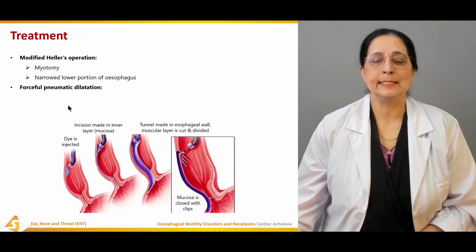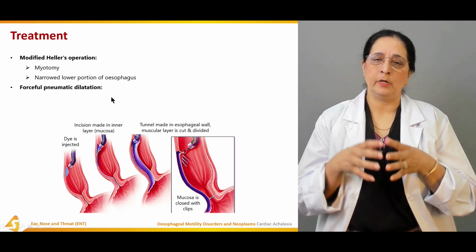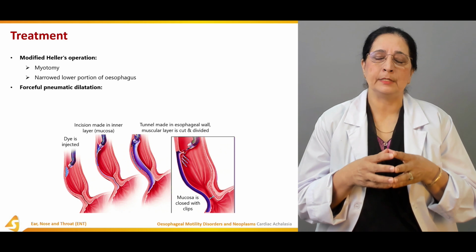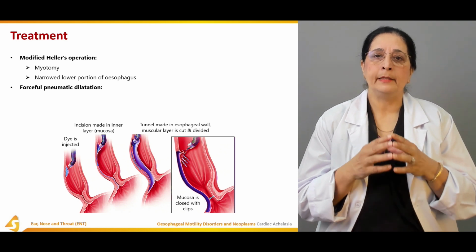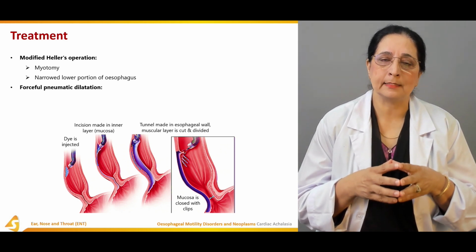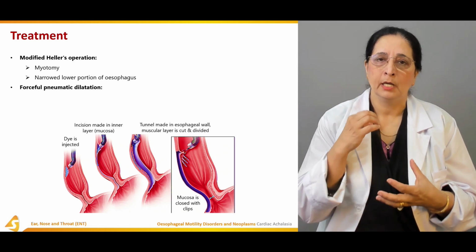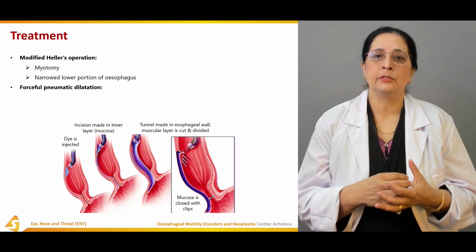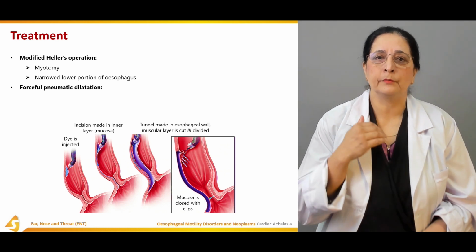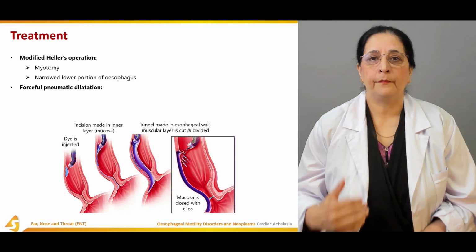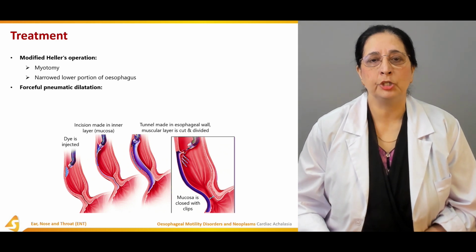Forceful pneumatic dilatation. If the lower esophageal sphincter pressure is so high and the sphincter is not relaxing properly, then forced pneumatic dilation of the lower esophageal sphincter is performed so food can enter from the esophagus into the stomach.